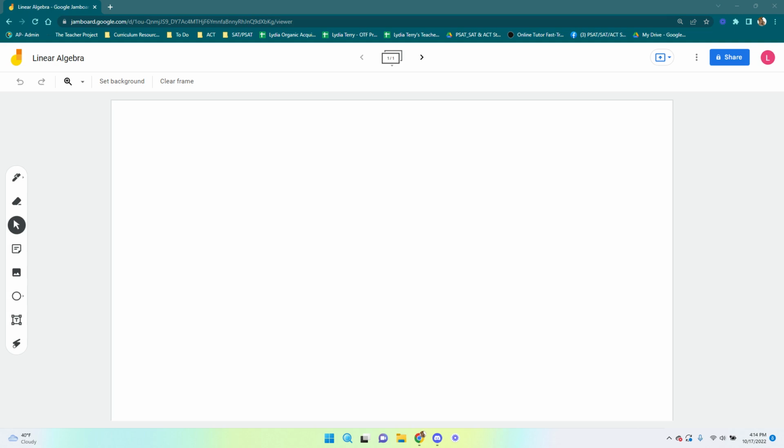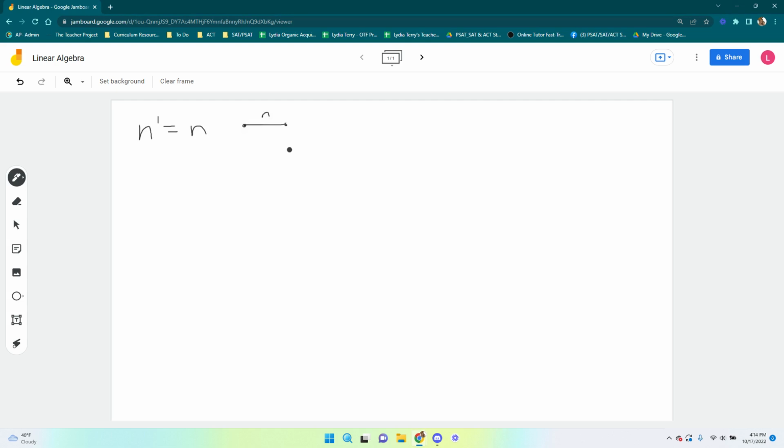Linear algebra. So when we're talking about linear algebra, think back when we were doing exponents. We have n to the first equals n. Remember I said you can represent that geometrically with a line? I want you to remember that. When you take things to the first power, you're dealing with lines. So when we say linear algebra, we're talking about variables that have been taken to the first power.